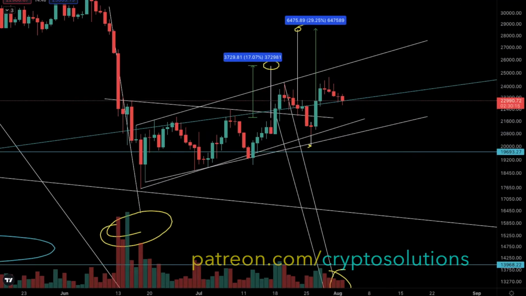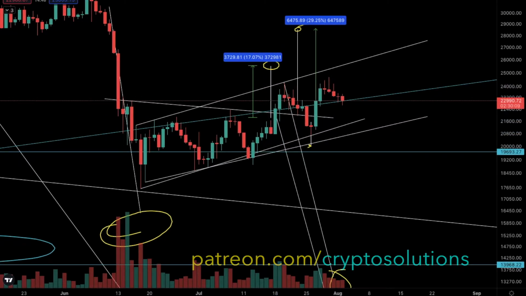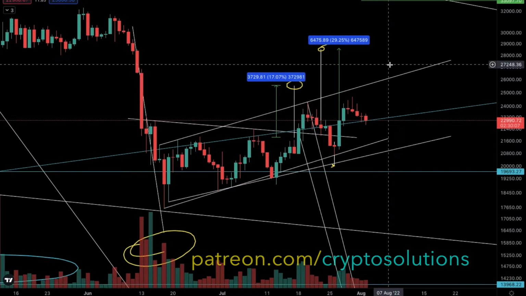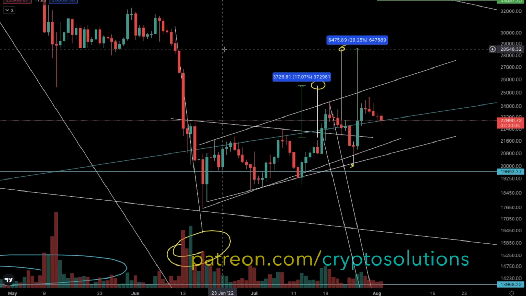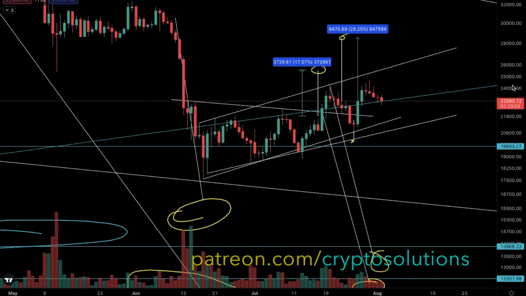Most of them are going to be fake outs, and very few will complete to the upside. And when I mean bear markets, I mean in the short term and midterm. In the long term, the Bitcoin price has always been in a bull market since it was created. There's no doubting that.